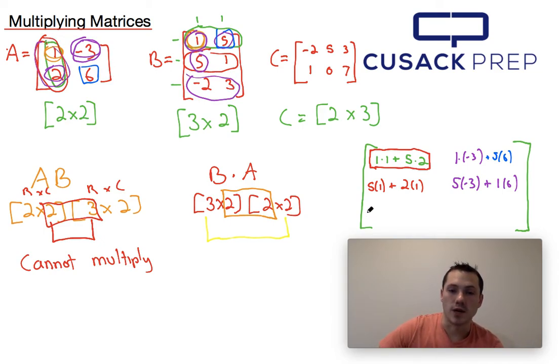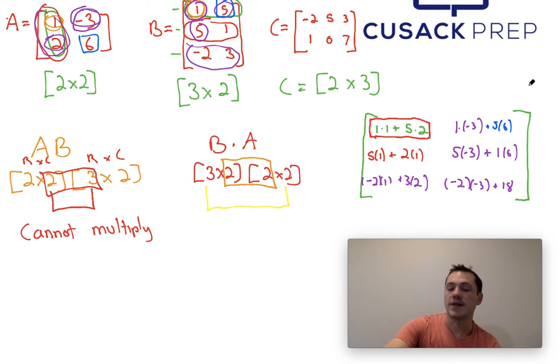Negative 2 times 1. And 3 times 2. And then finally, I take row 3 and multiply it by column 2. Negative 2 times negative 3 plus 3 times 6 is 18.